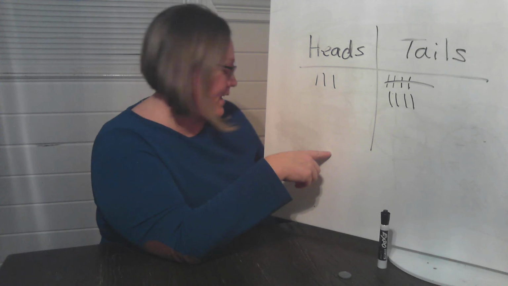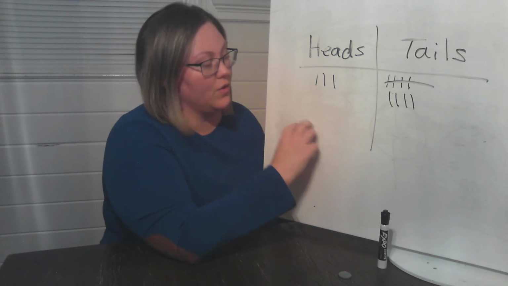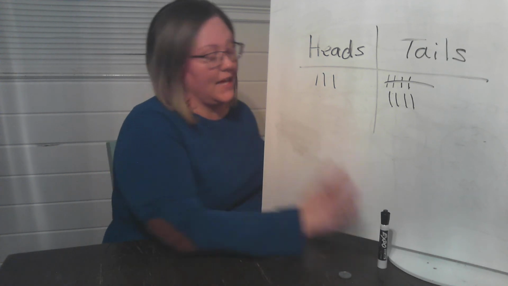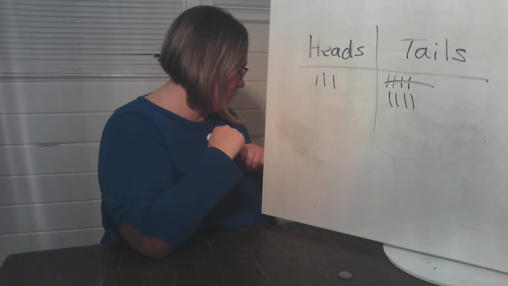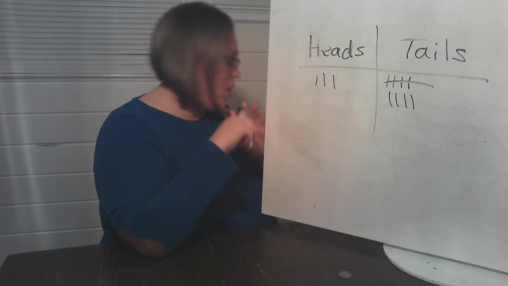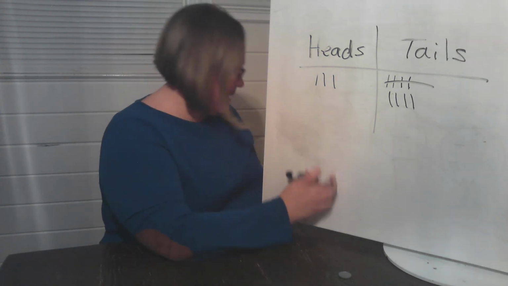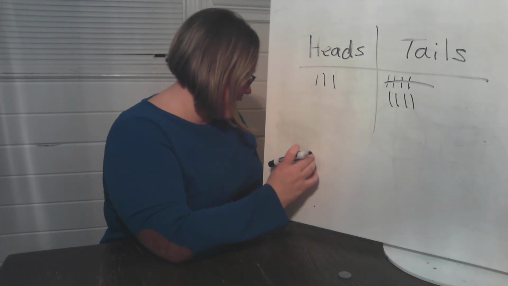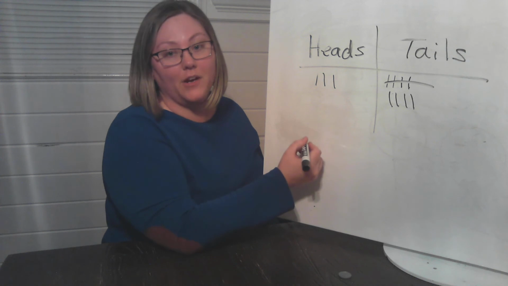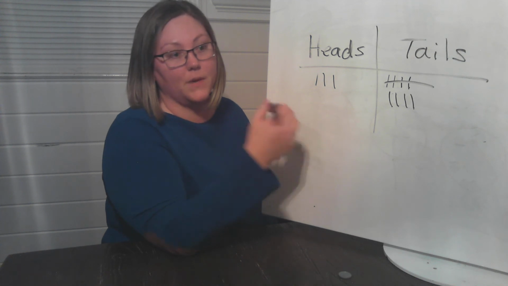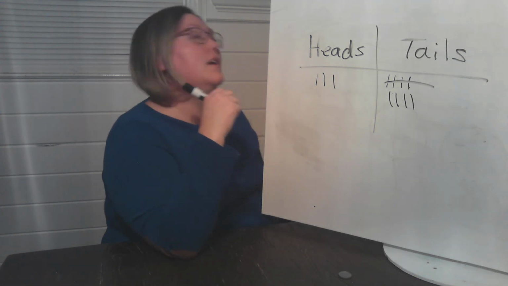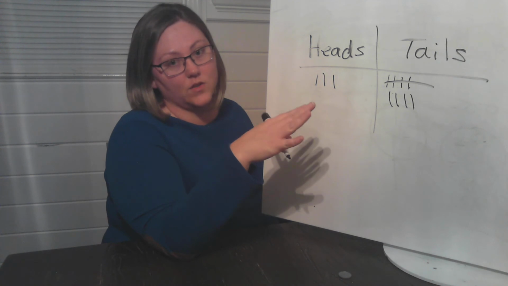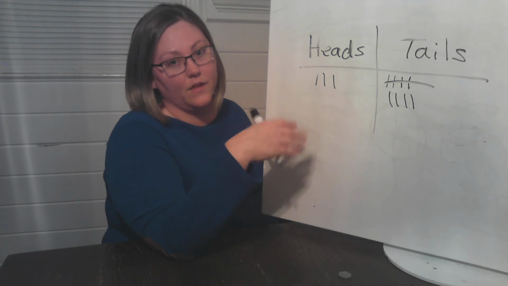I want you to tally together everybody's groups. For our whole class, how many tosses did we have? This is going to vary per class, but I'll go with Miss Dana's class because she has 6 girls, so she's going to have 3 groups.